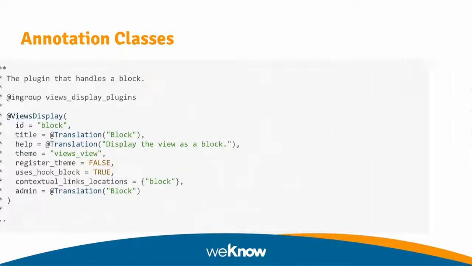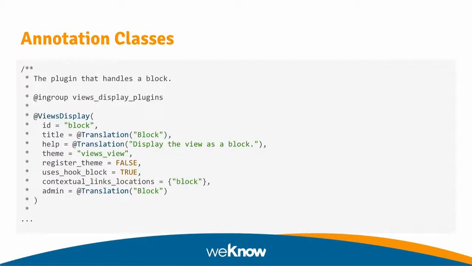Here's the example. So we have the annotation for the class. This is a chunk of documentation commented out at the top of the class, and it's going to say, well, this plugin is going to handle a block. It belongs in ViewsDisplay plugins, and here's what it does. So this @viewsDisplay, that is not.